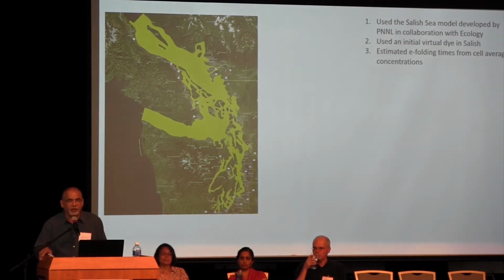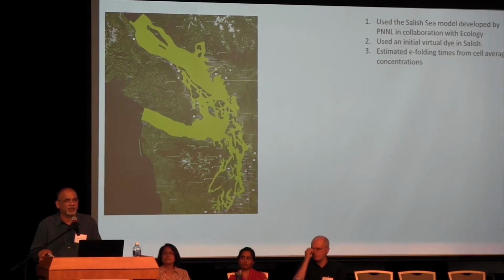All right, so in estimating the residence time, we use something called the e-folding time. We use the Salish Sea Model that was developed by PNNL in collaboration with Ecology, and we input an initial virtual dye throughout the domain. Then we take a vertically averaged dye concentration for every grid cell and generate a time series.